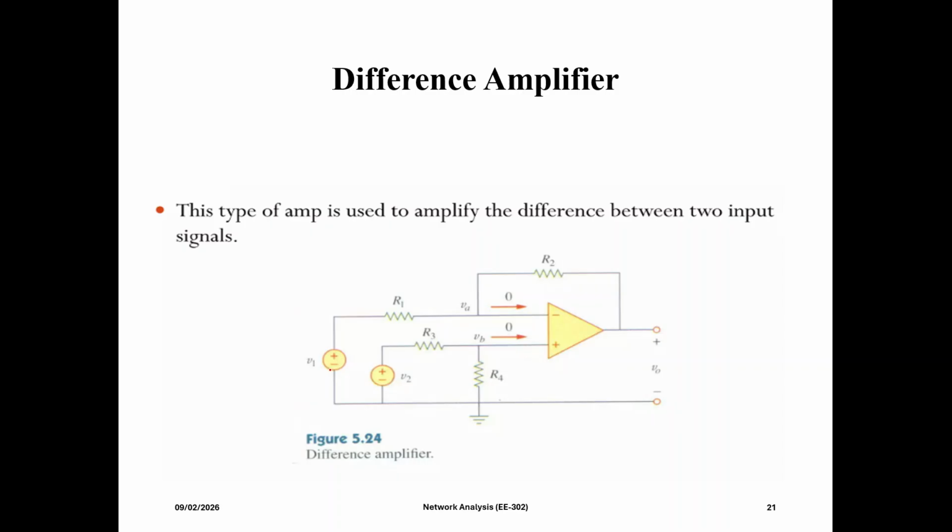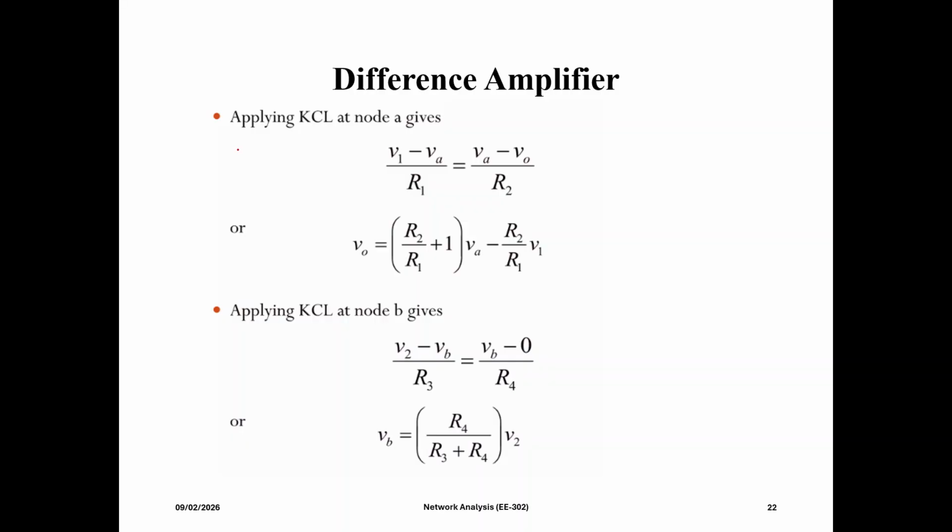To find this, we have two nodes here, node A and node B. We will analyze this circuit by applying KCL at node A and node B.